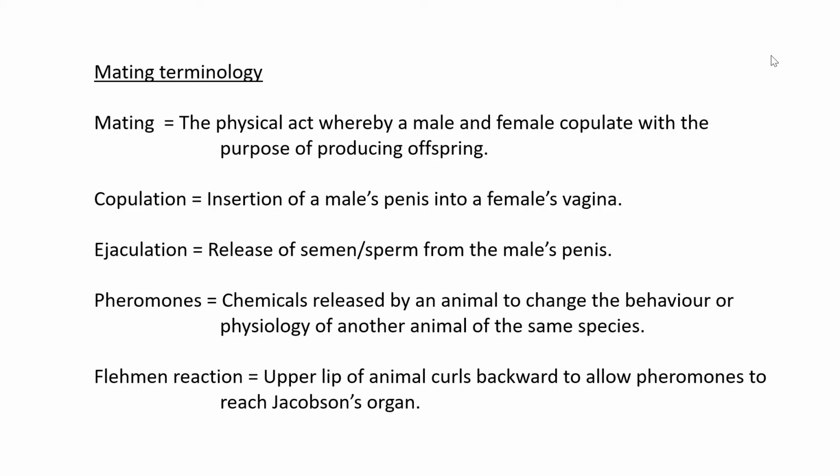That organ helps the bull, or any animal that has a Jacobson's organ, to better determine what exactly it is smelling. Is it pheromones? Is it something stinky? For mating purposes, this tells the bull whether the female is in oestrus, whether she's receptive, whether he can actually mate with her. So this curling action of the lip helps him to determine whether he can mate with her or not.